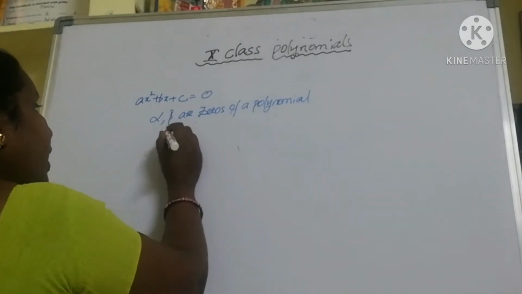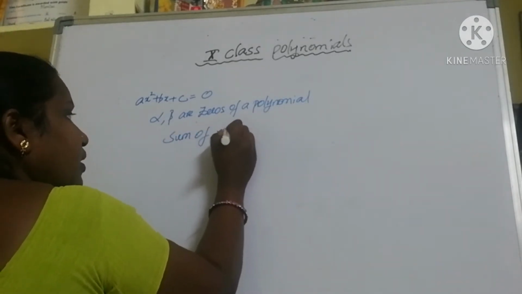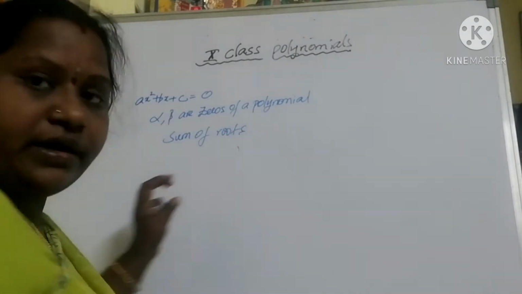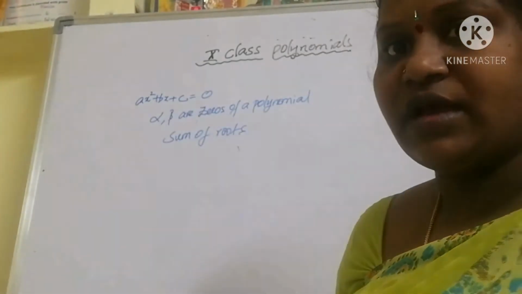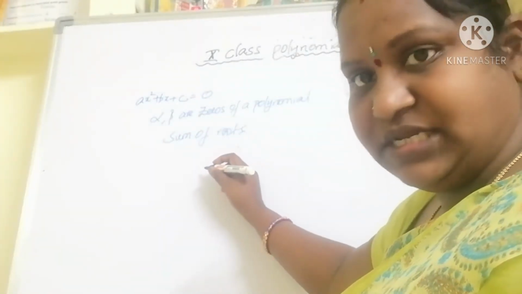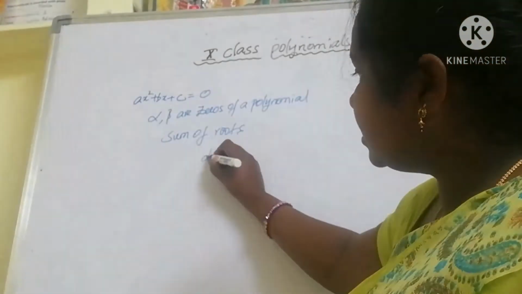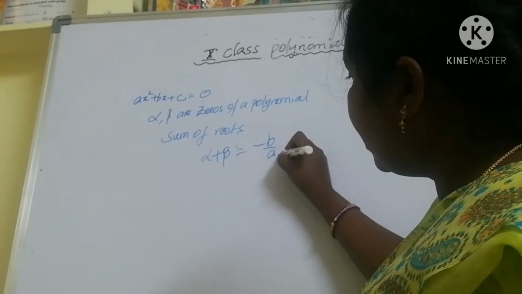Now, if I want to add the sum of the roots, in the question he will ask you directly what is the sum of the roots. So for the sum of the roots, what is the formula we have to use? Alpha and beta are roots. Sum of the roots is alpha plus beta is equal to minus b by a.